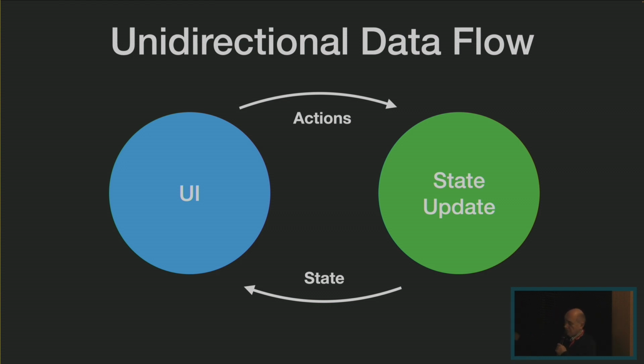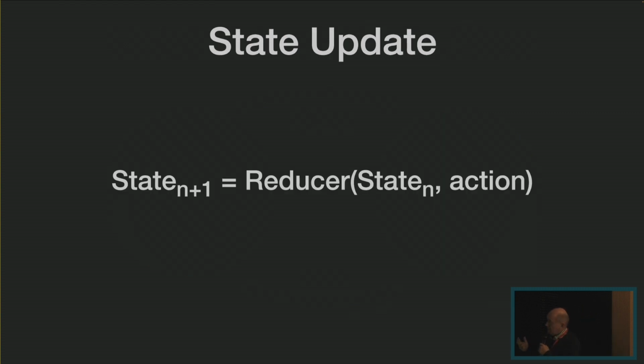So you have this cycle here, which is a very mathematical cycle, in fact, and this is the strength of this approach, because you can write this equation. The next state is a function of the current state and the action you have.